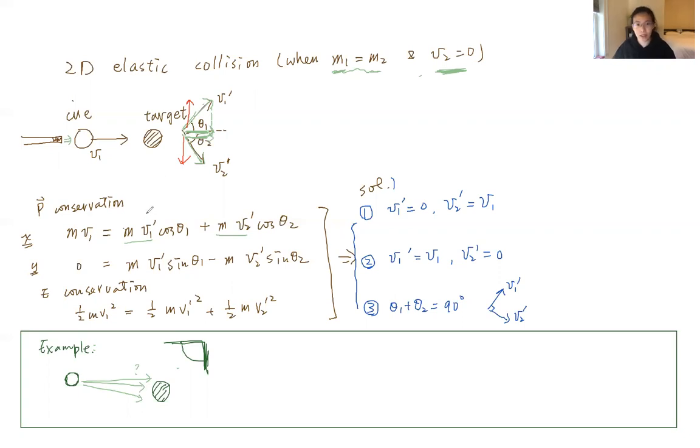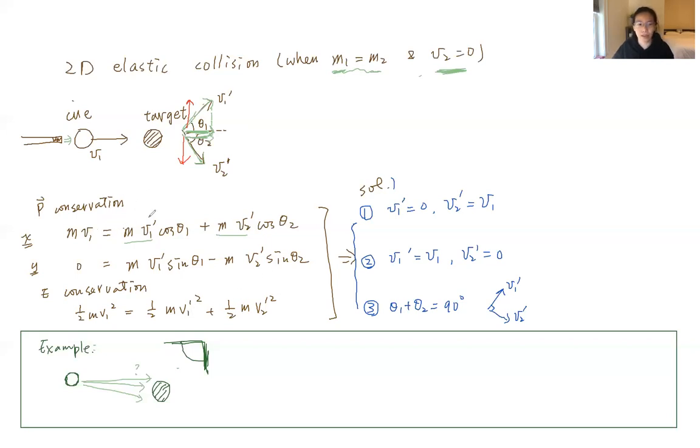Now, since it's elastic, the kinetic energy is also conserved. Initially we have a kinetic energy of 1/2 m v1 squared. After the collision, we have two kinetic energies, 1/2 m v1 prime squared plus 1/2 m v2 prime squared.